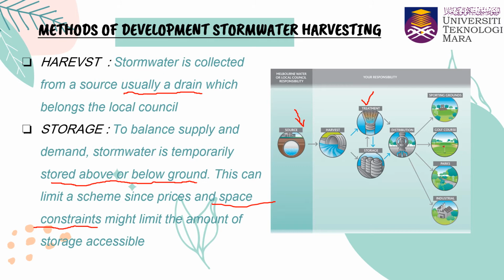After storage, we distribute to suitable areas. Stormwater can be used for sport activities, to water the field, golf courses, parks, and for industrial areas.